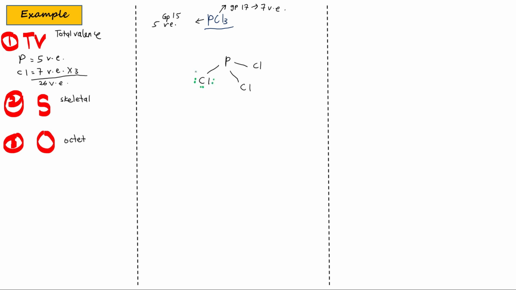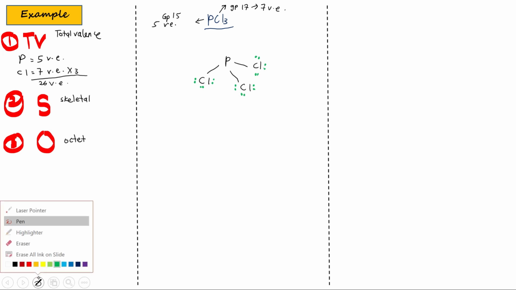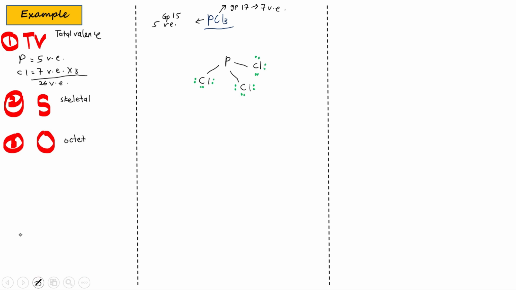So we make it octet by putting 3 lone pairs on each chlorine. Now all chlorine is octet. That means there are 8 valence electrons surrounding each of the chlorine atoms, which are the terminal atoms. Next we move on to the final step, which is C.